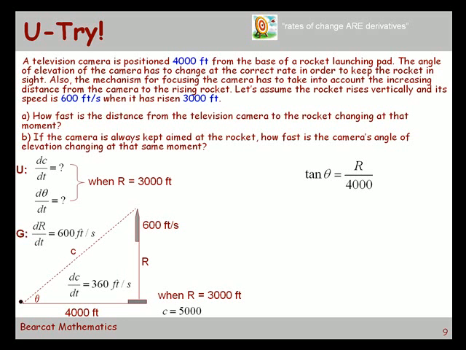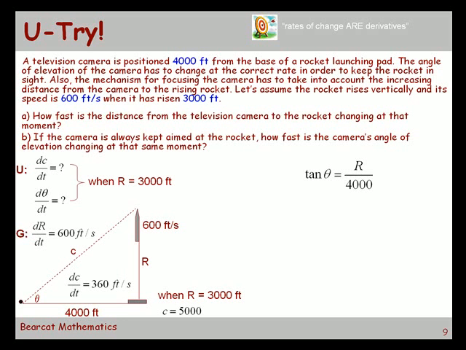Let's take the derivative of this. What's the derivative of tangent? Secant squared. So we have to follow the chain rule on that. So tangent theta is going to give us secant squared theta, d theta dt. On the other side, I'm going to think of that as 1/4000th times r, just like 5r, and take the derivative. So what's going to happen with the dr on that derivative?